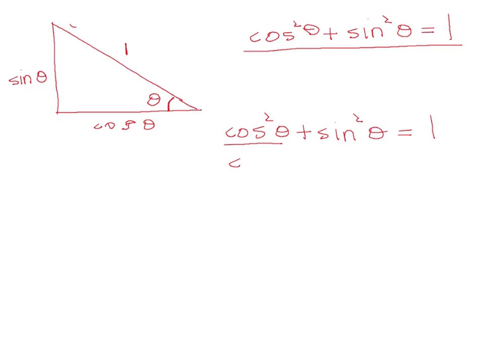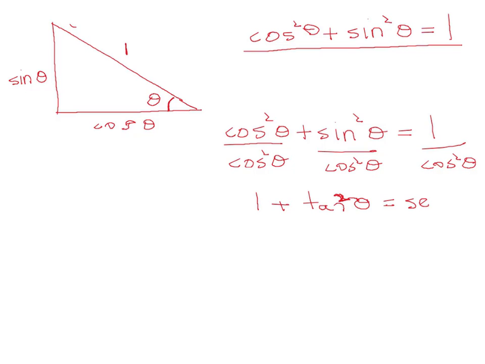So to put it in terms of tangent, I have to divide everything by cosine squared. So now what I have is 1 plus tangent squared theta is equal to secant squared theta.